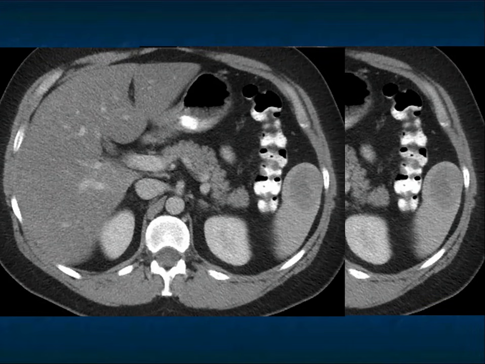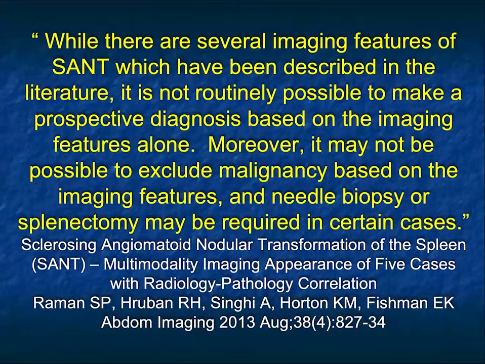Here's a good example of one in the spleen. With a history of fever, this could be an abscess. Could this be lymphoma? Could this be hemangioma? Could this be a littoral cell tumor? Could this be a pseudotumor? All of those are definitely possibilities. And again, the diagnosis is really impossible to make.